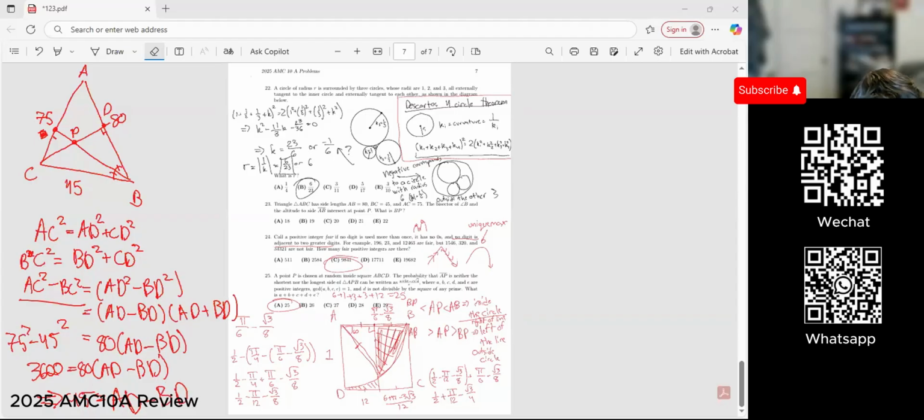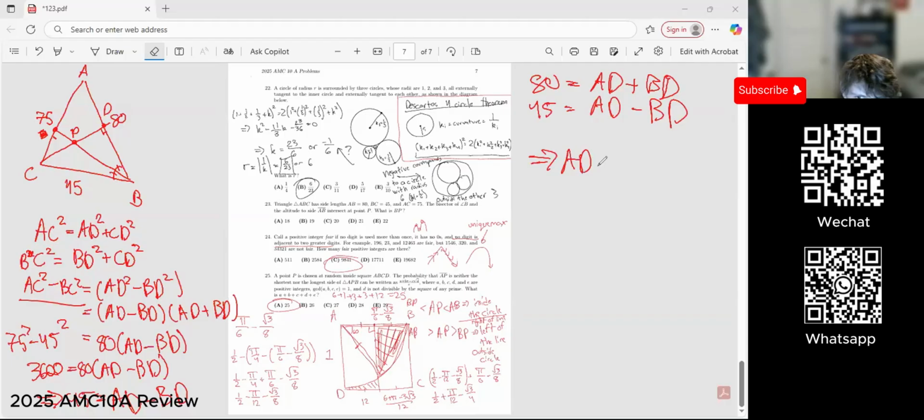Let me just make sure I'm not getting that wrong. Yeah. And again, similarly, AD plus BD is 80, and we have 45 is equal to AD minus BD. With that information, we can determine that AD is equal to 125 over 2 and BD is equal to 35 over 2.